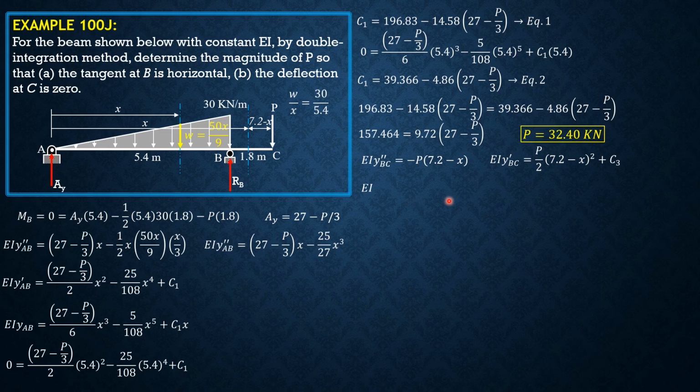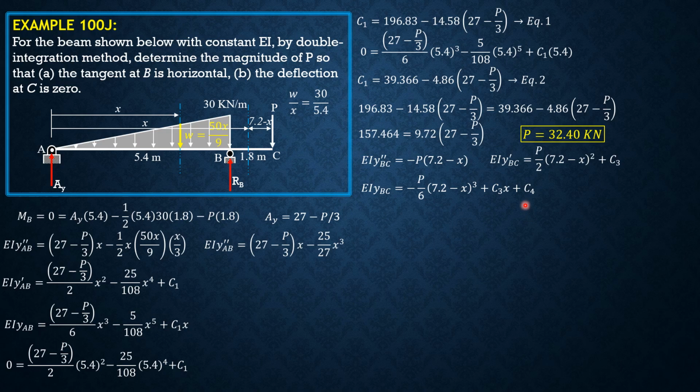Integrate again, so EI y BC is equal to negative P over 6, quantity 7.2 minus x cubed, because the integral is negative as the coefficient of x is negative 1, not positive, plus c sub 3 x plus c sub 4.